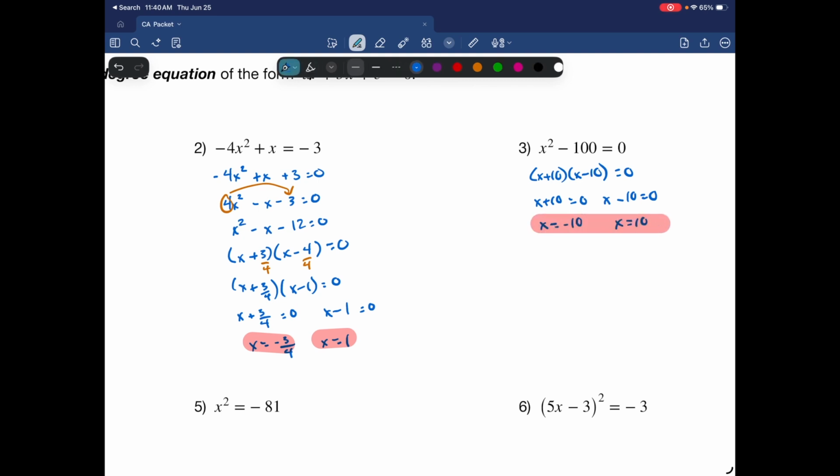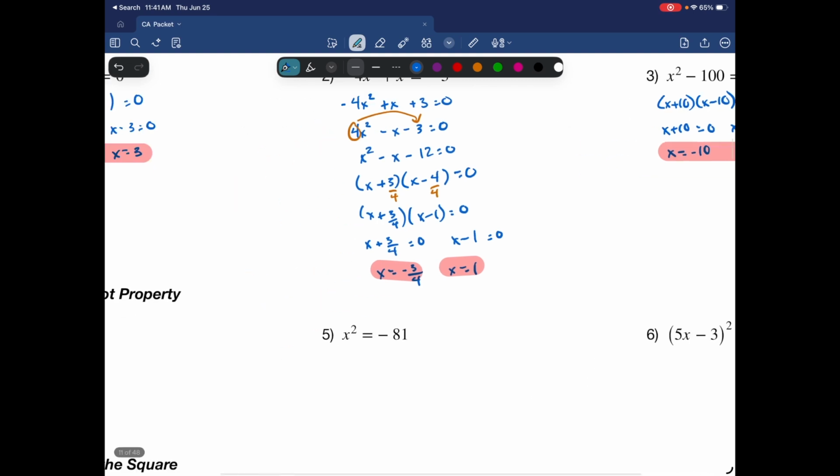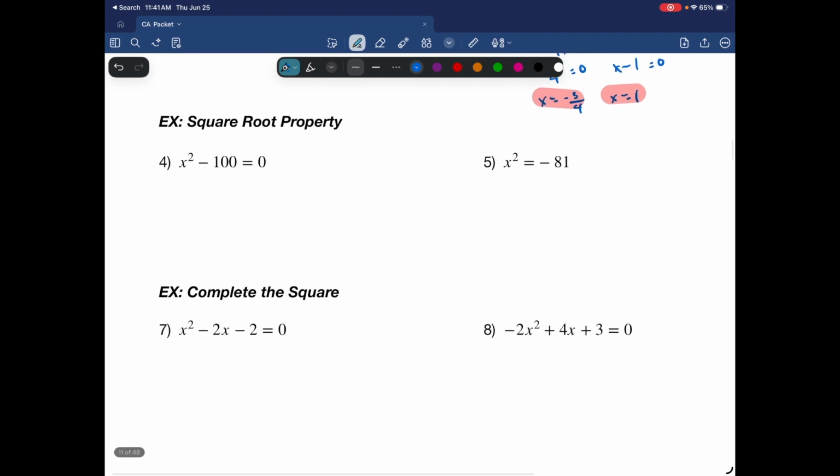Now, another way of doing this is the square root property. It doesn't work all the time, but it does help out in a situation like this. This is the same problem we worked before, so we know what the answer is going to be. But instead of factoring, I just move that 100 over, so x squared equals 100.